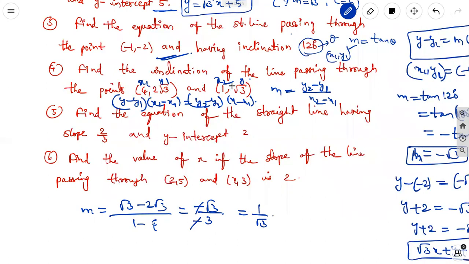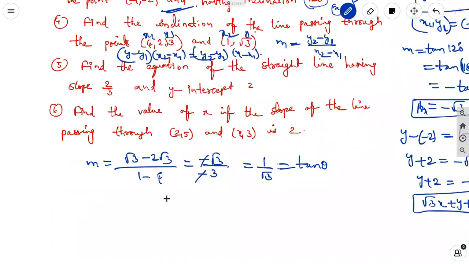Find the inclination. Inclination means this m is equal to tan theta. Where it is 1 by root 3, the angle is theta equal to 30 degrees, because 1 by root 3 value is equal to tan 30. So the angle theta equal to 30 degrees. This is the inclination of the line.